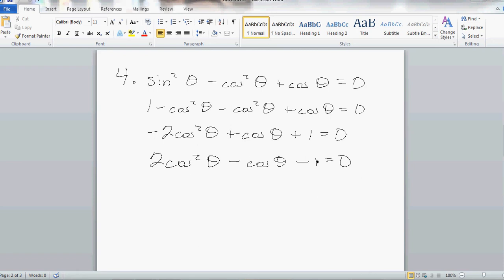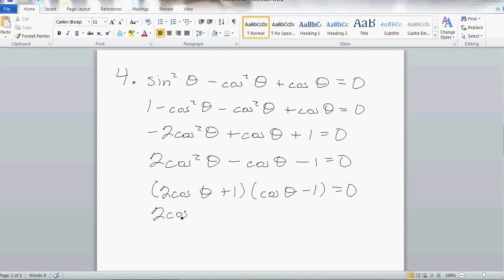Now continuing here, realize that I am going to have to do a factoring, and so I will get 2 cosine of theta plus 1, and then cosine of theta minus 1. And I'm going to set each one of those equal to 0 and see what comes up.